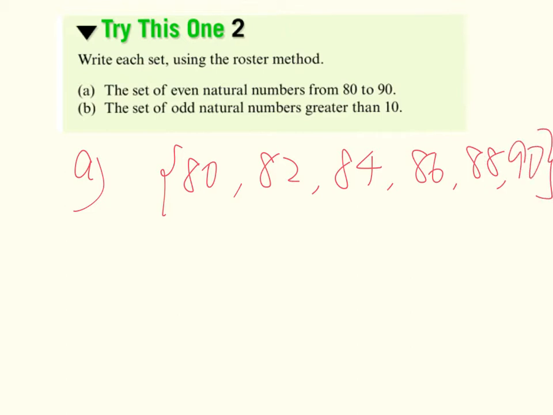These are all natural numbers, and 80 and 90 are included. Second one, the set of odd natural numbers greater than 10. Greater than 10 will be 11, then 13, 15, 17, and it goes on and on. I did not do this prettily, but there should be 3 dots there at the end.